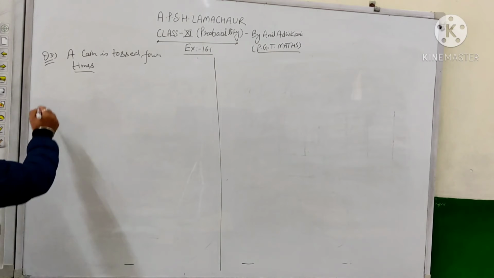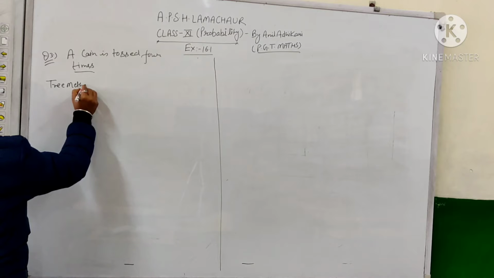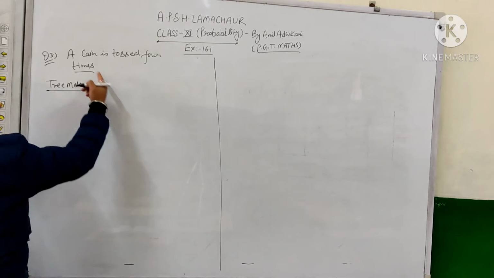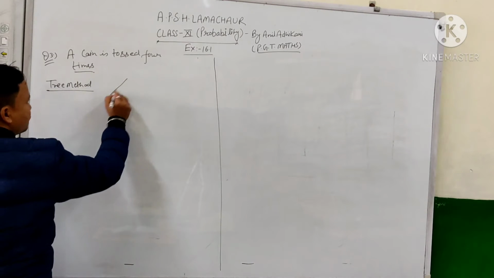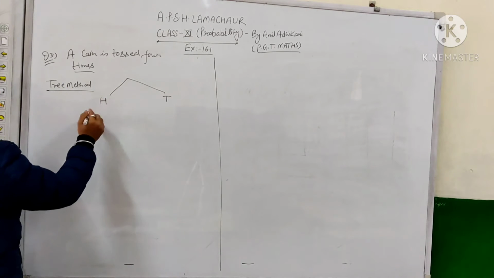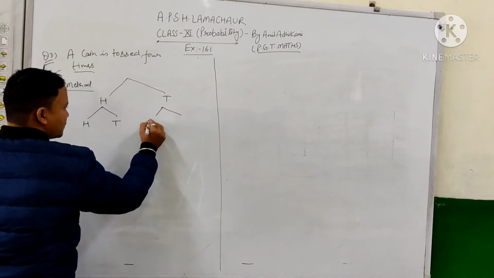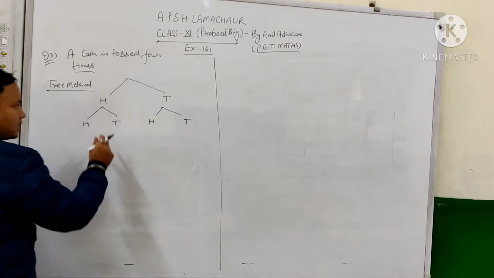So now again I am going to use the tree method. A coin is tossed 4 times. So the first time the coin is tossed, we get outcomes head and tail. Then the second time again H, T. This is 2 times.